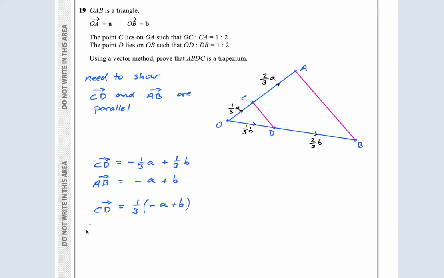Therefore, CD is equal to 1/3 AB. Therefore, CD and AB are parallel.